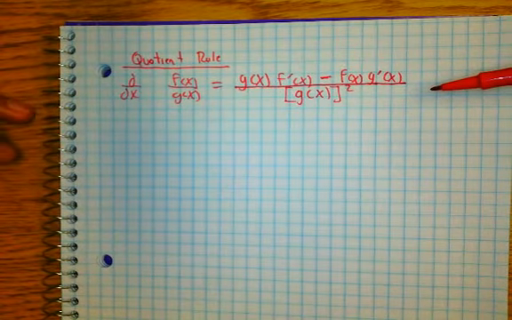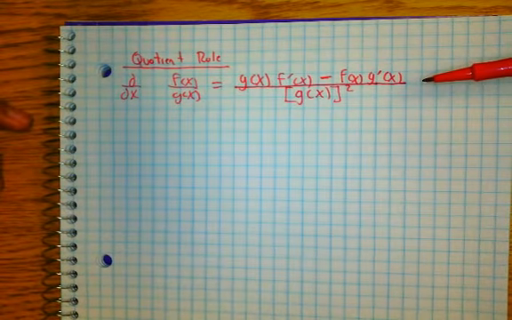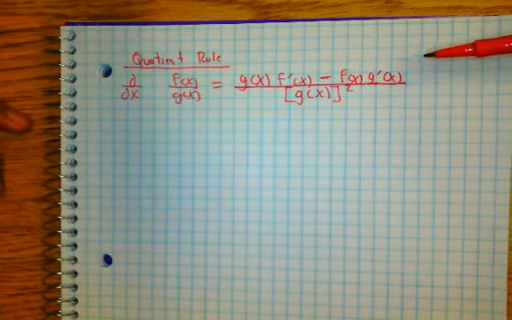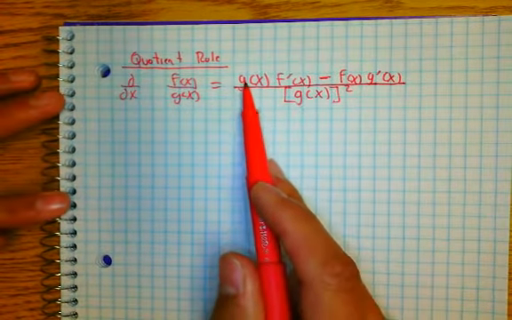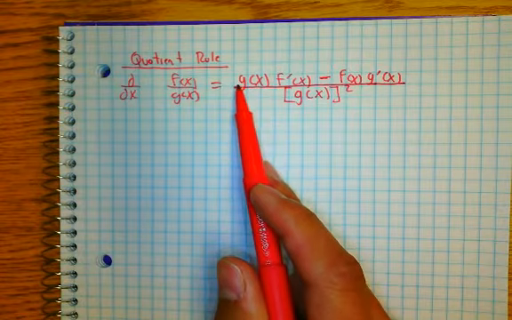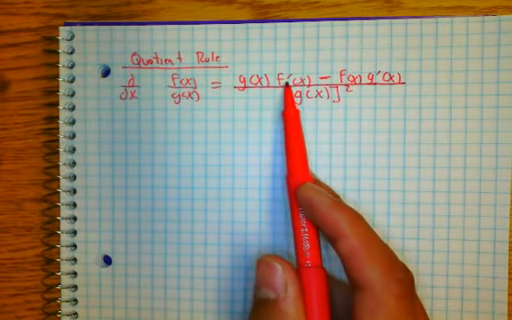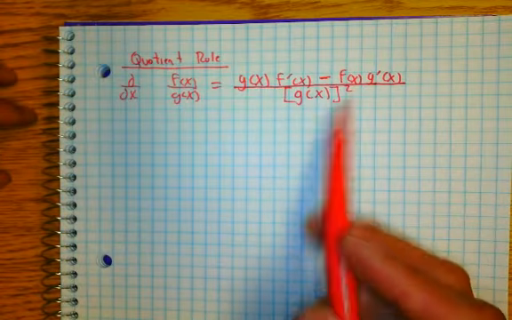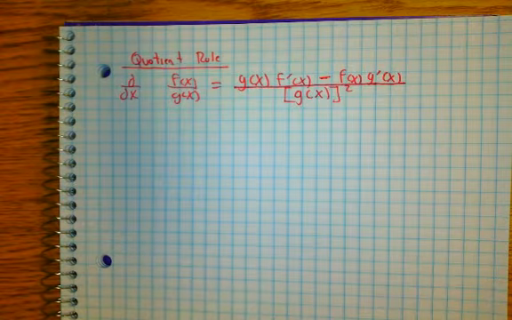So the first part has to be the denominator rewritten exactly like it is times the derivative of the numerator, then minus the derivative of the denominator times the original function you had on the numerator. Okay? So the order does matter.